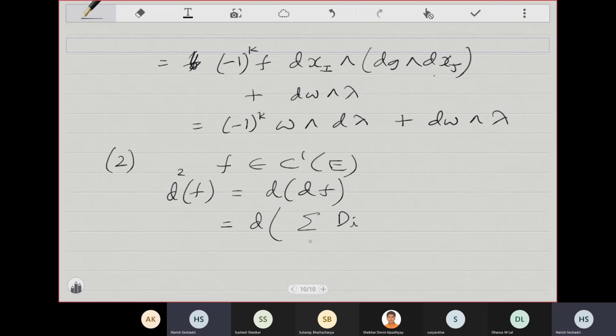This is the summation over i of D_i f dx_i. Now d, as I said, is linear, so d of the sum will be the sum of various d's, d of D_i f dx_i.